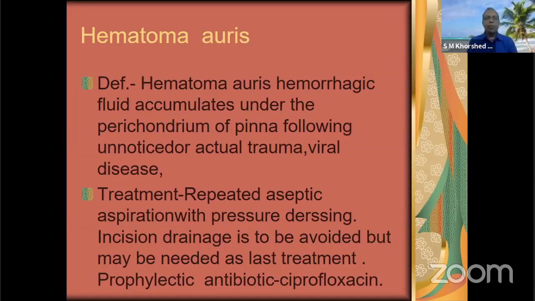Treatment is repeated aseptic aspiration with pressure dressing. Incision and drainage is always to be avoided, because if you give an incision, there will be infection. This will lead to perichondritis, and the end result of perichondritis will be coming.